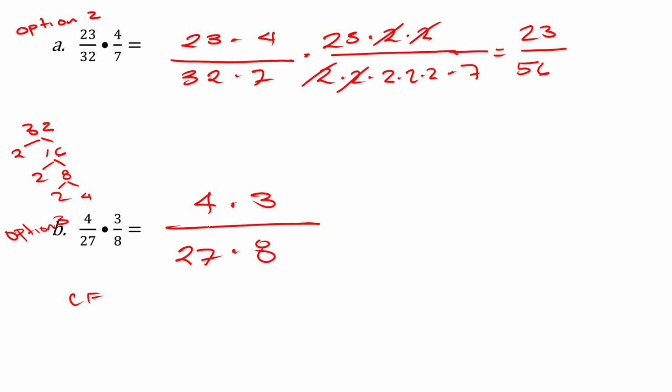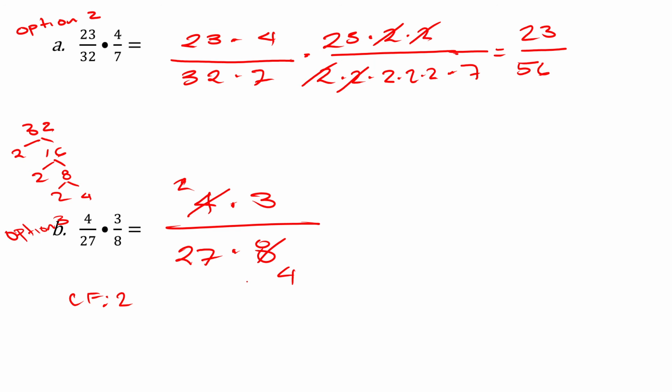Let's start with the easy one. 4 and 8 can be divided by 4. It's okay if you write 2, but 4 is better. Let's say you did 2 though, okay? This is just a precaution. Suppose you did 2. 4 divided by 2 is 2. 8 divided by 2 is 4.